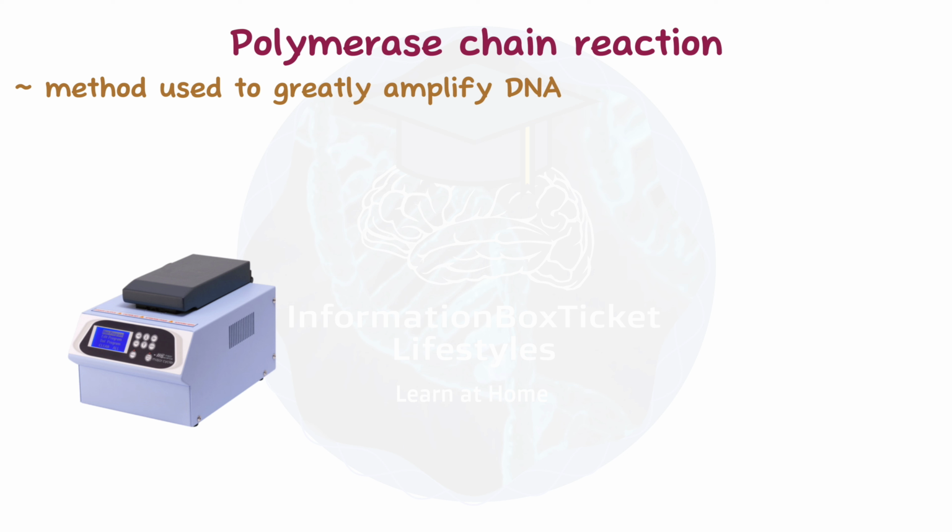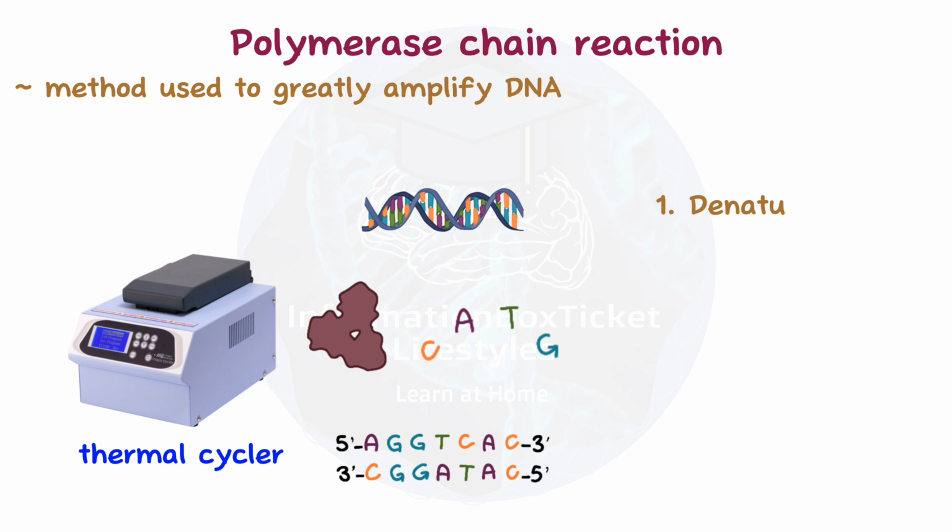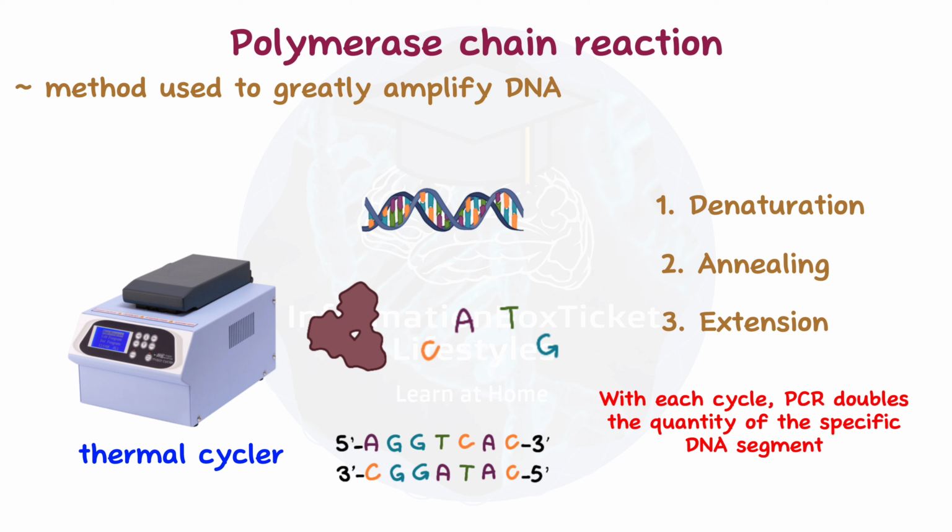It involves the use of a thermal cycler, which contains the DNA sample to be amplified, heat-resistant Taq polymerase, primers that determine the specific DNA region to replicate, and free nucleotides of all four types, A, T, C, and G. The process includes three main steps: denaturation, annealing, and extension. With each cycle, PCR doubles the quantity of the specific DNA segment we're targeting.